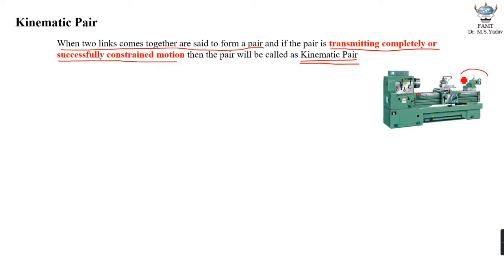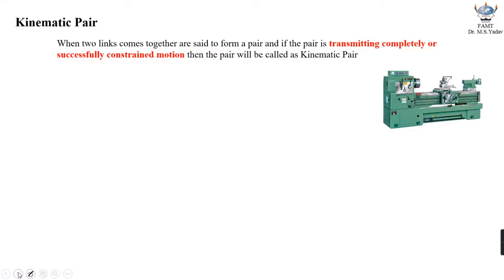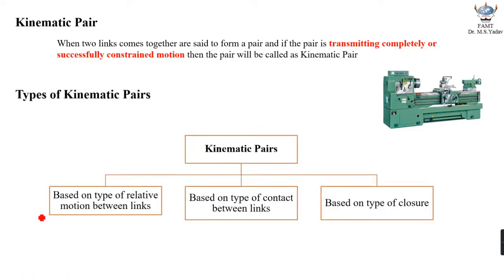Say for example, let us try to understand this particular pair which is formed between tailstock and bed. In this particular case, the tailstock can only slide with respect to the bed. No other motion is possible. So this pair is transmitting a completely constrained motion, and hence this pair will be called a kinematic pair. Now let us try to understand types of kinematic pairs. There are three different types of kinematic pairs.